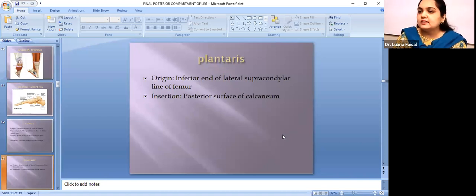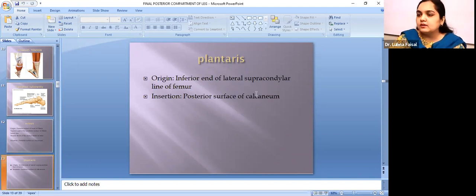Its function is insignificant because it is very thin. Because of its less functional importance, it can be used in different reconstructive surgical procedures, such as surgeries of the tendons of the hand, without any disability. It can be used as a graft as well.